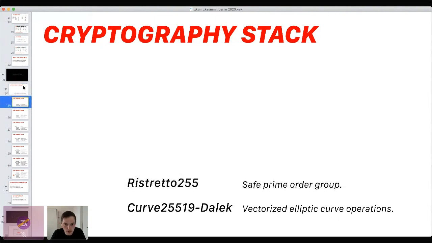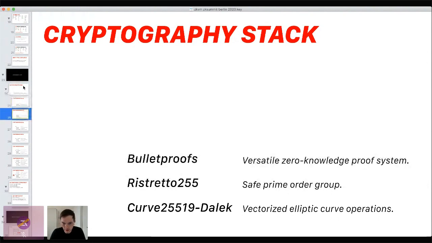On top of that, there is a Ristretto group which implements the correct prime order group, because you're not supposed to actually use Curve25519 as is because of the cofactor. So for all the fancy protocols out there, bulletproofs and such, you need the prime order group. So Ristretto gives us this.